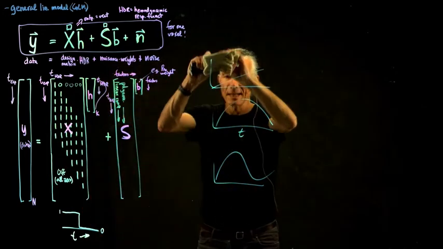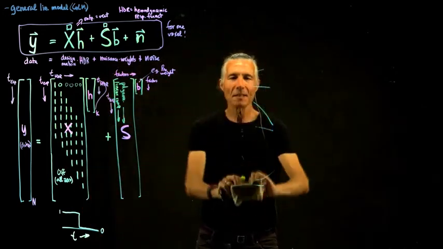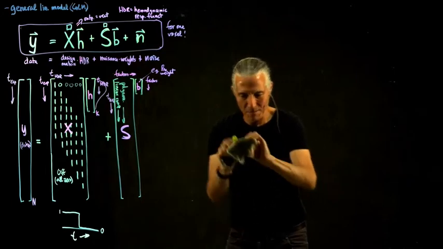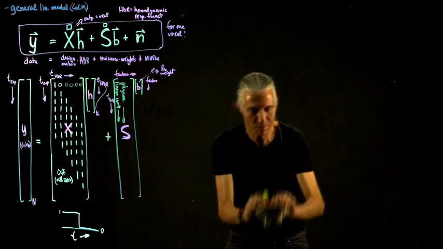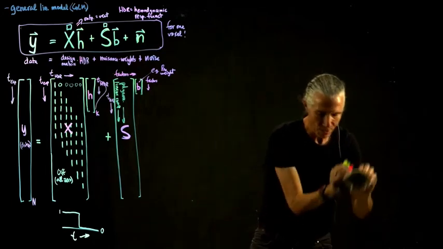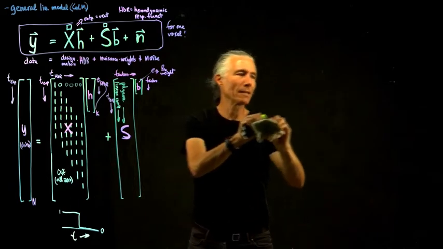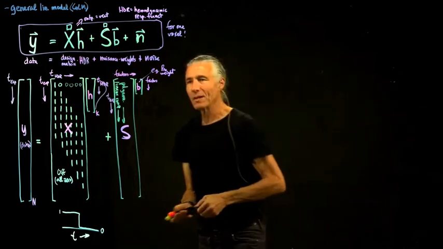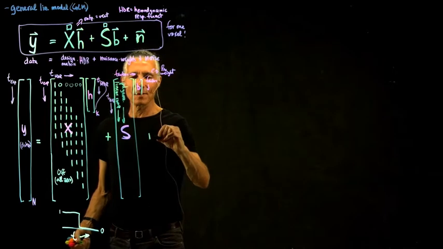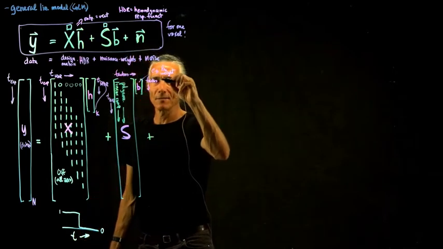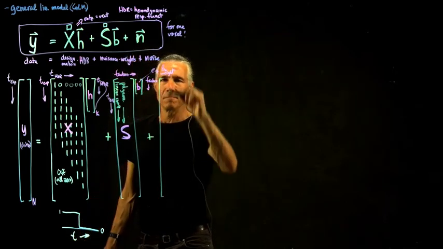Okay, and then last but not least, our combination of experiment plus nuisance factors may still not explain the data. And so we have to have some sort of escape valve. And so the escape valve is the noise vector.